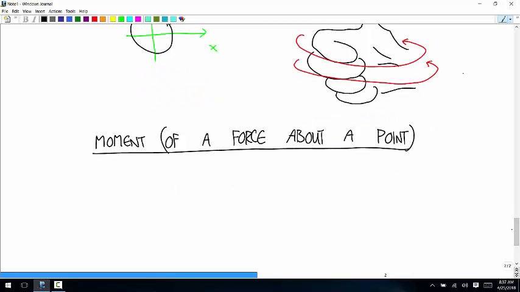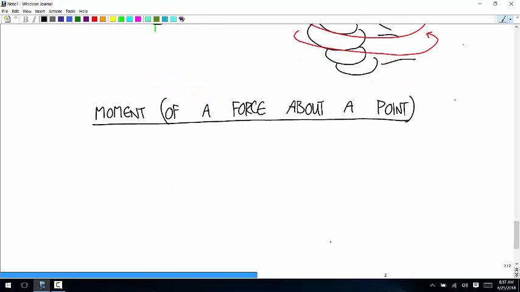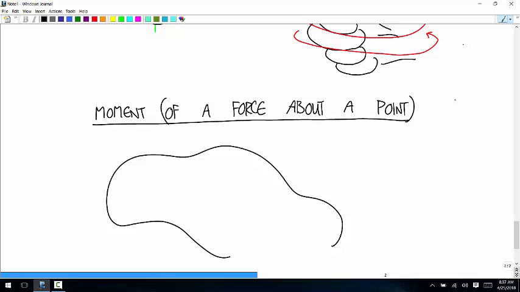Okay, so let's say that the body that we're dealing with is this thing. You say, okay, so why did I draw that shape like that? Why did I draw it like a blob? I'm just trying to make it clear that the body itself doesn't have anything to do with this definition. It can be anything. It can be a circle.